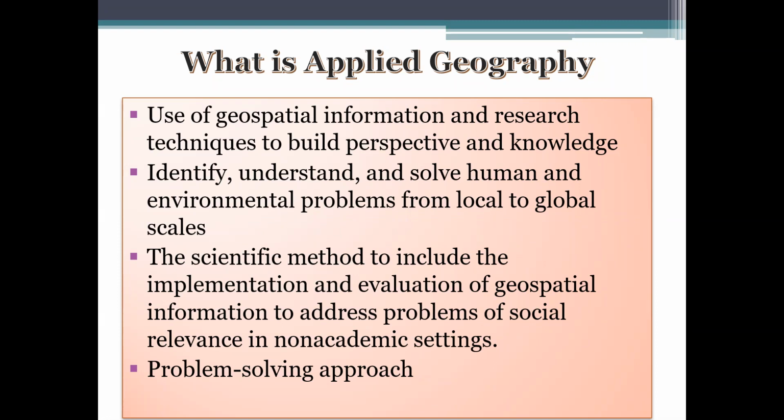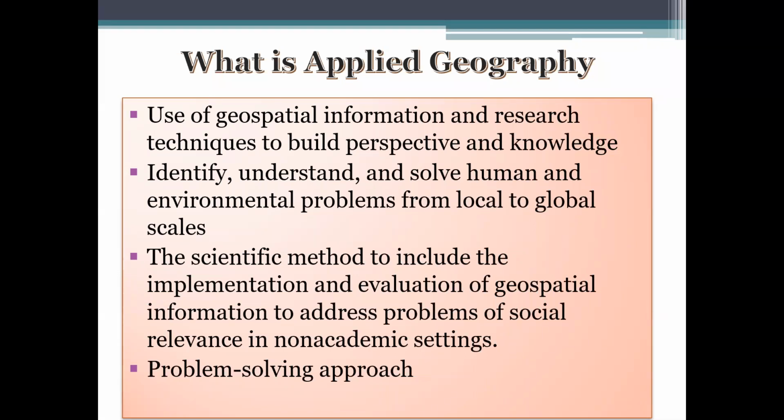So, applied geography seeks to include the scientific method of academic geography and implementation and evaluation of geospatial information to address problems of social relevance in non-academic settings. That is the third one we considered.